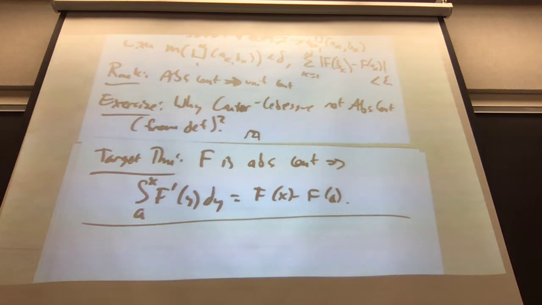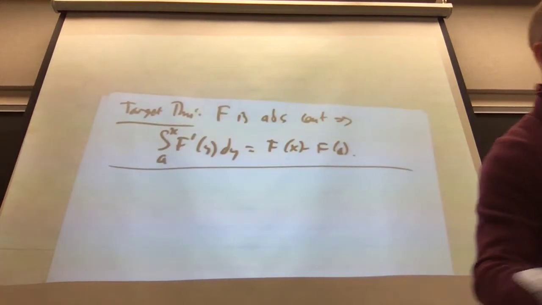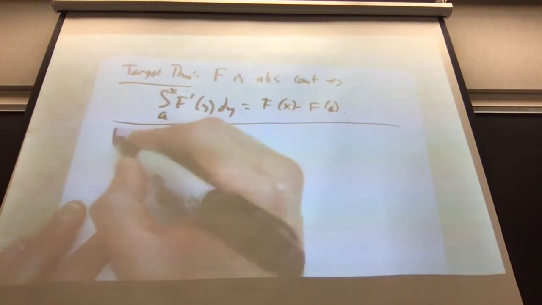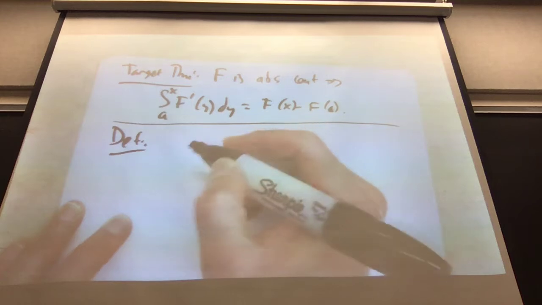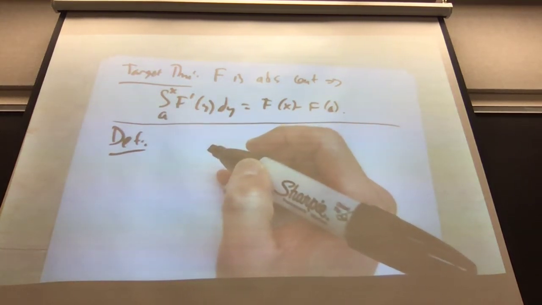We need to set up the proof of this theorem with a pretty sizable machine. We need Vitali coverings. So definition: given a set, you could do this anywhere where we have balls, so a metric space.